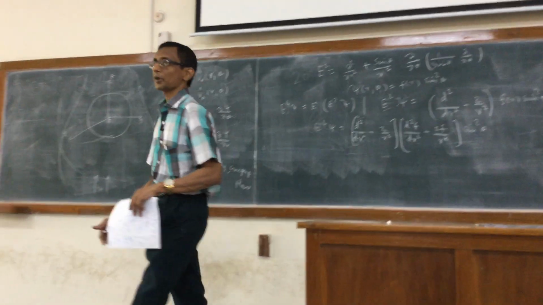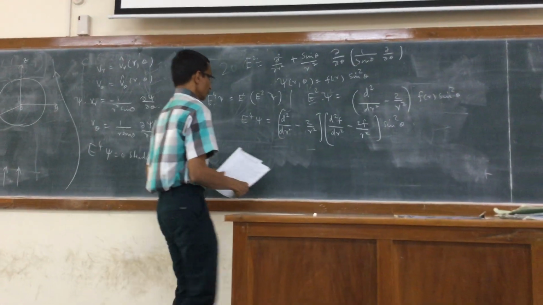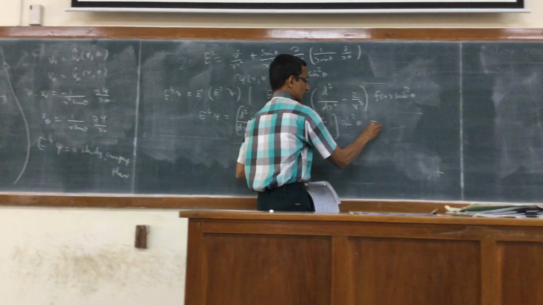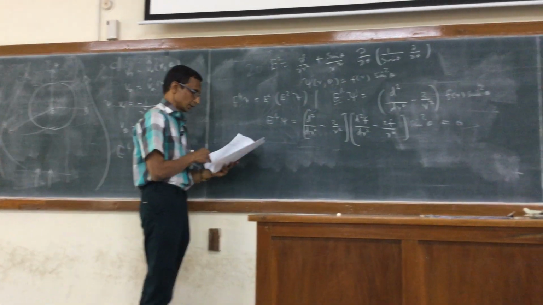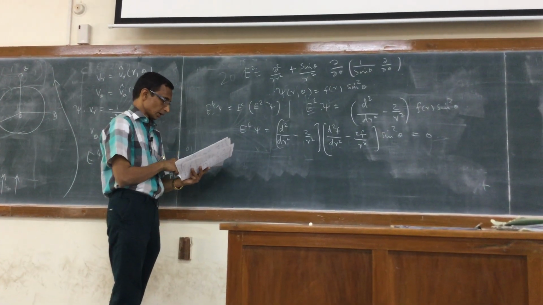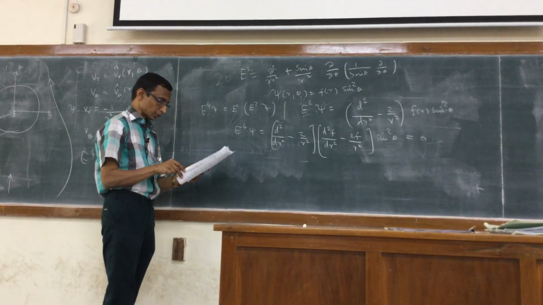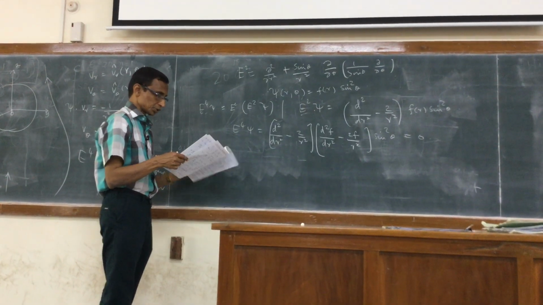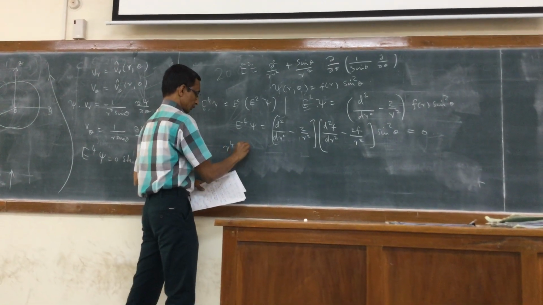It's just multiplying the whole equation. So this E power 4 psi is going to be equated to 0. I'll get the differential equation, which I sort of roughly derived. The final answer is what I am going to write down. You can easily show that f will satisfy the following equation.